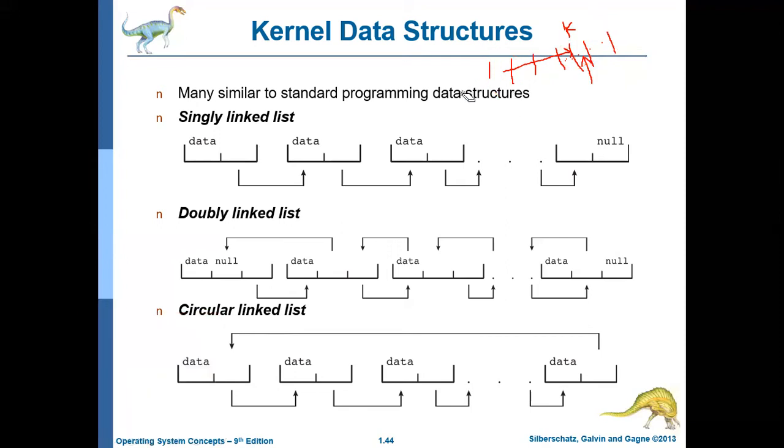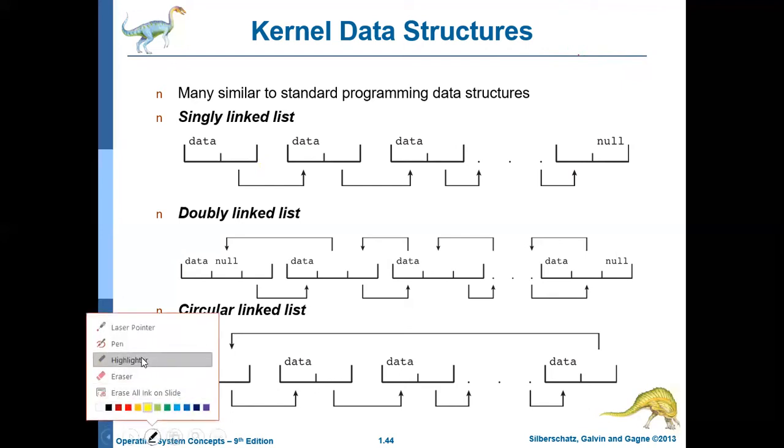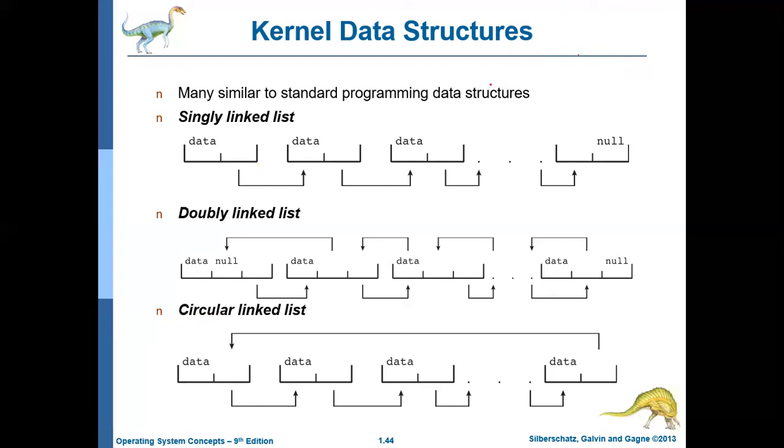There are three types of list: single linked list, double linked list and circular linked list. So what is a single linked list? This is how a single linked list looks. We call every element a node. A single linked list contains a collection of nodes, and each node contains a data part and a pointer.